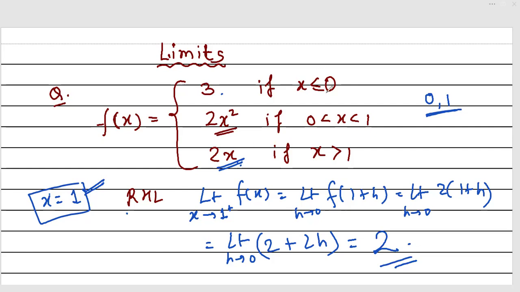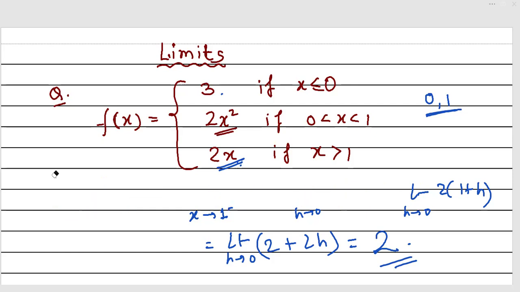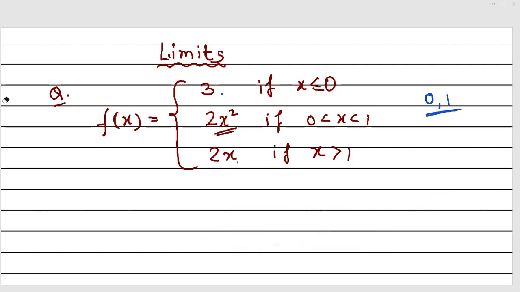Now we will look into the existence of limit at x is equal to 0. So you have to properly mention which function you are taking for which values of x. Our target is to find out the limit existence at x is equal to 0. So we will first take the left hand limit.